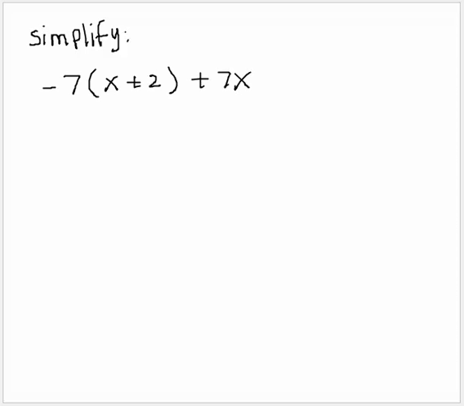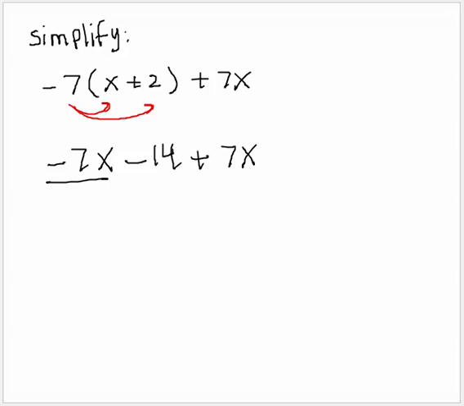Again, we have to simplify. Minus 7 times x plus 2 plus 7x. Here we distribute. We get minus 7x minus 14 plus 7x.